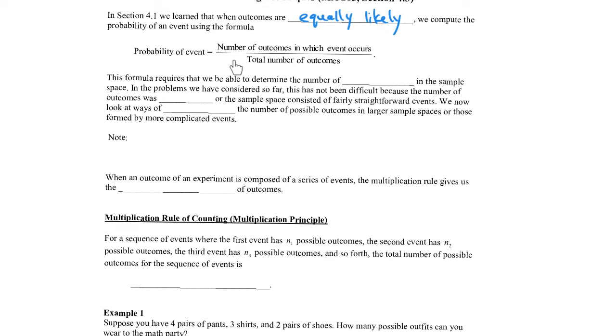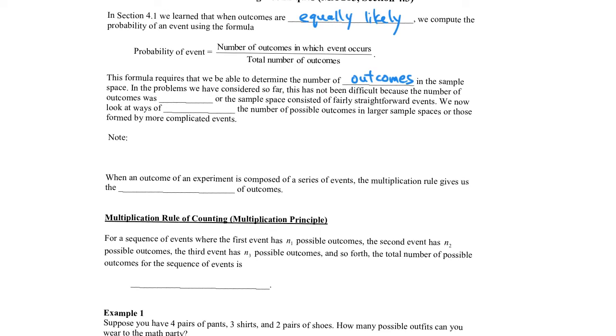We talked about relative frequencies, or the empirical probability. And then the other one we talked about, equally likely outcomes, or sometimes called classical probability. So this probability of an event is the number of outcomes in which the event occurs divided by the total number of outcomes. So this formula requires that we be able to determine the number of outcomes in the sample space.